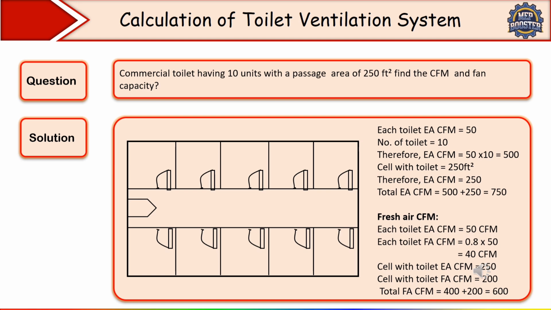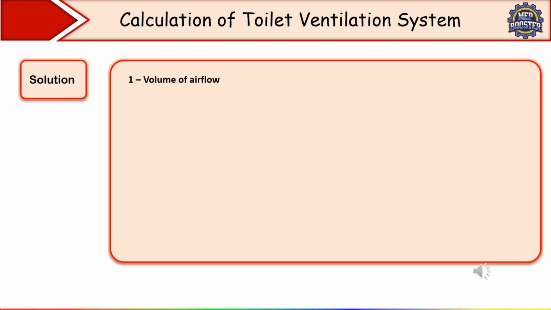That much air we have to supply from outside to inside. And how much air do we have to exhaust? 750 CFM total, and total fresh air CFM we have to supply inside the toilet is 600 CFM. Okay, now you can see here first, volume of airflow.